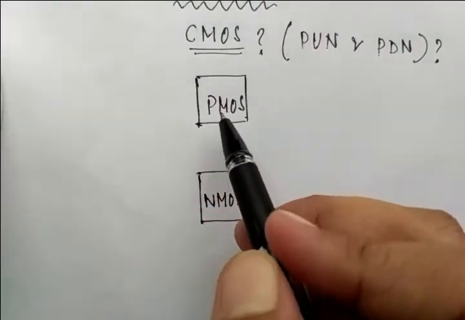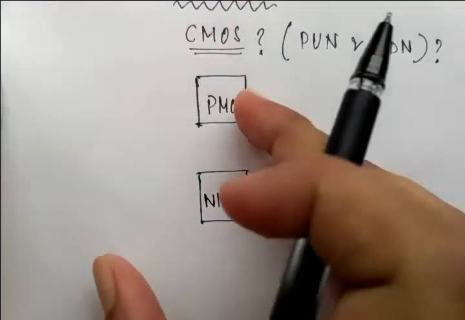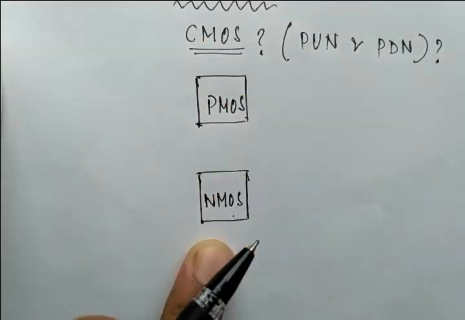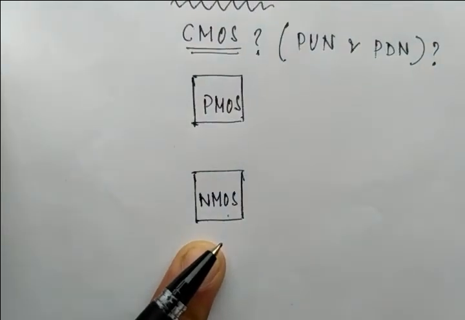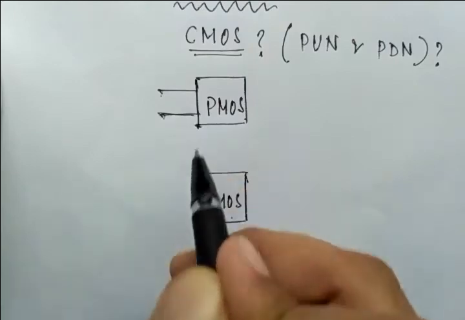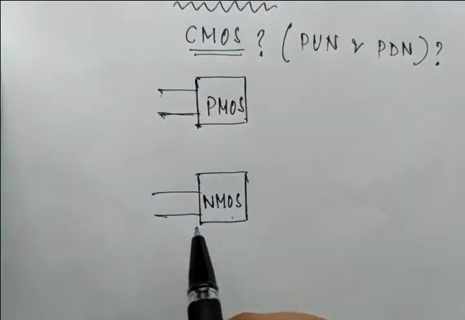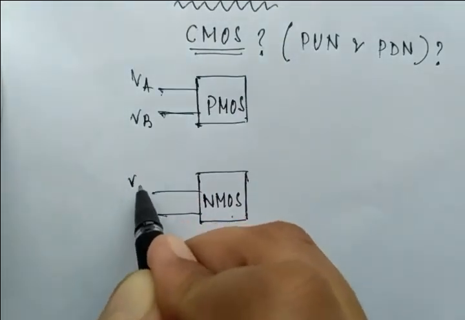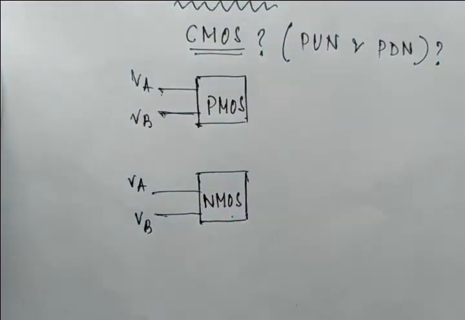Okay, so the upper block and lower block are designed by using PMOS and NMOS. But these are segregated. We have to connect them by using the input and output. So here I am writing VA, VB, and also VA and VB.